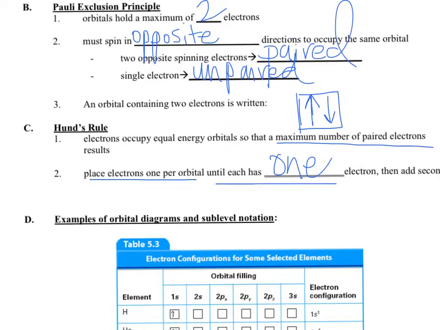And again, this is just like in our Vikings villas. We add one per orbital and then add a second to the orbitals. Okay, so we wouldn't just have automatically filled them in from the beginning. So here is an example.